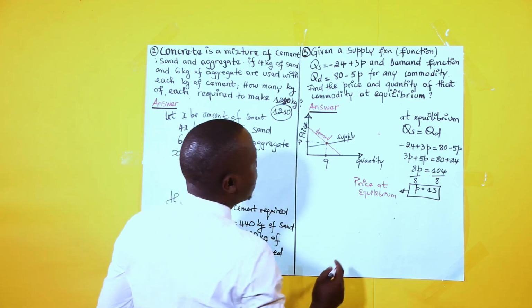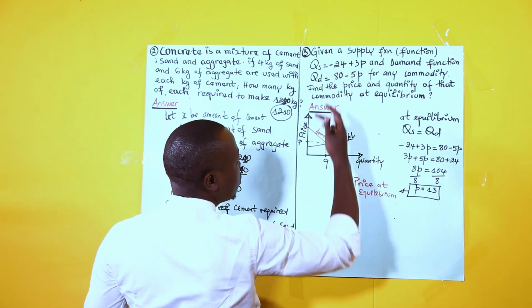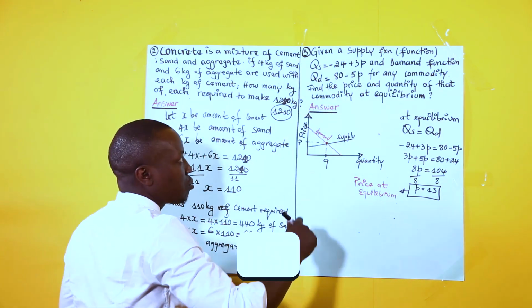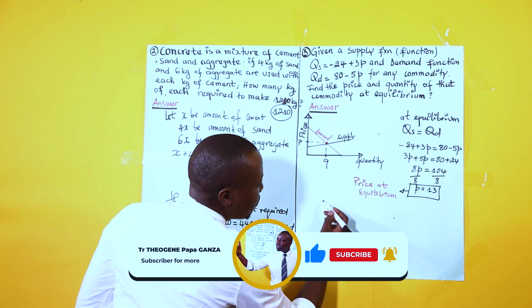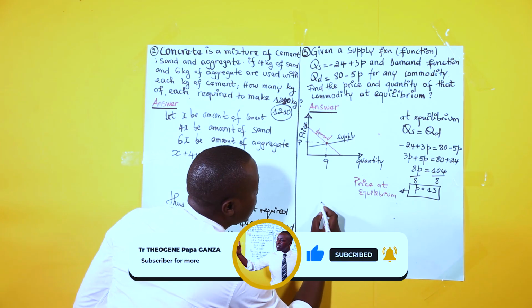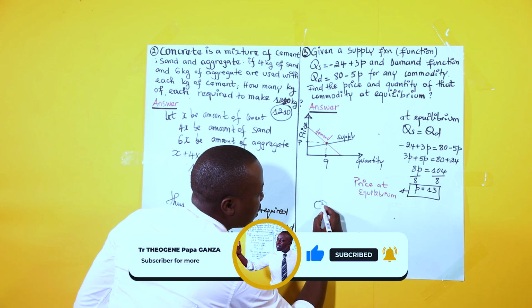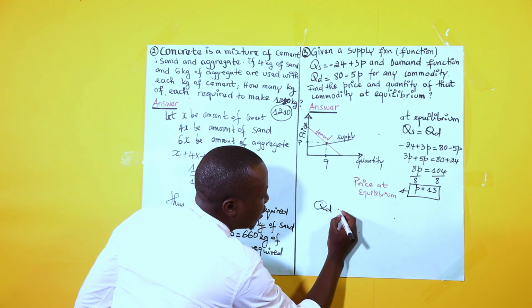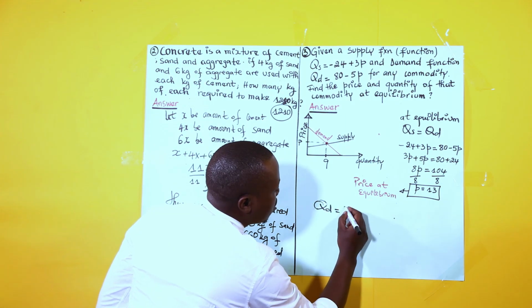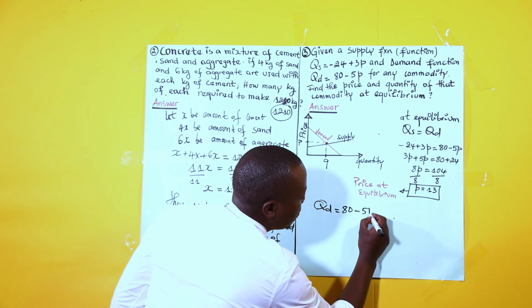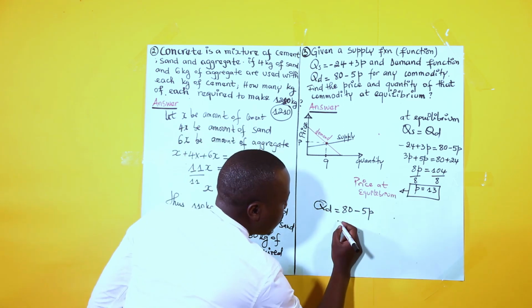How can you find the quantity? You can substitute in either of these two, quantity supply or quantity demand. So let us substitute in quantity demand, which equals 80 minus 5p. We know the value of p.